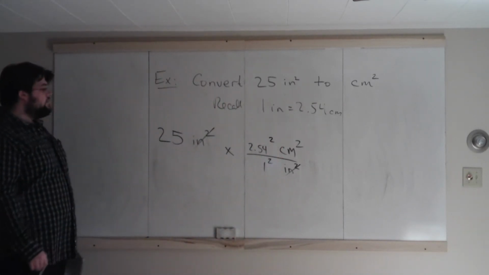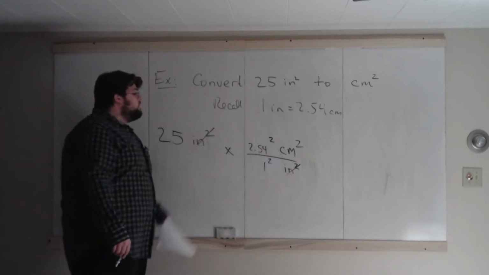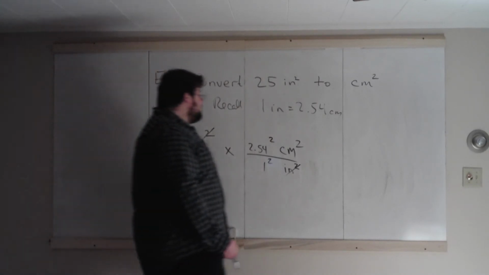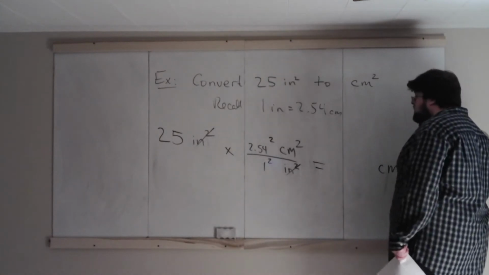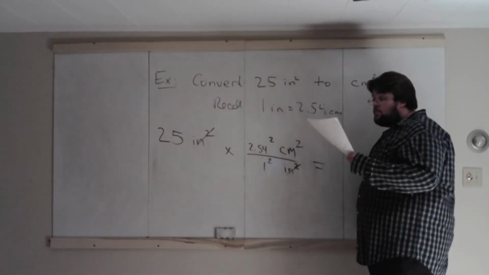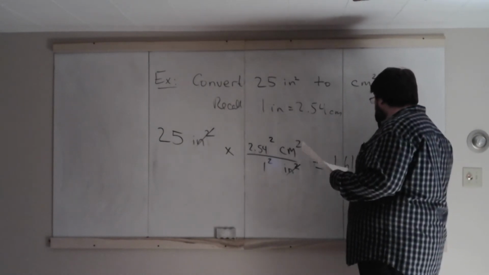So we have 25 inches squared divided by 1 squared inches squared, then times 2.54 squared. We're left with centimeters squared. 25 times 2.54 times 2.54 is 161.29 square centimeters.